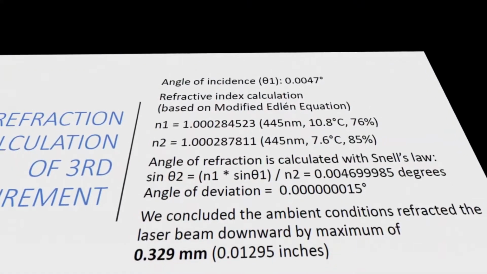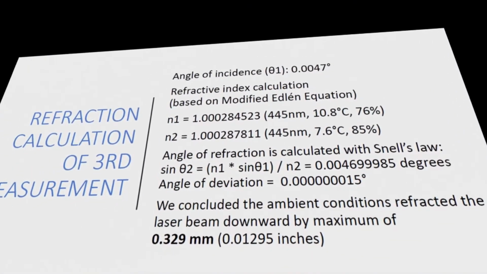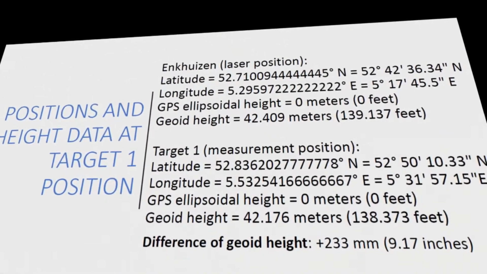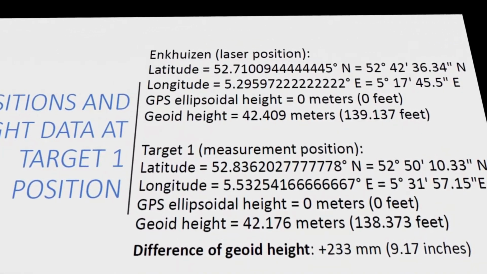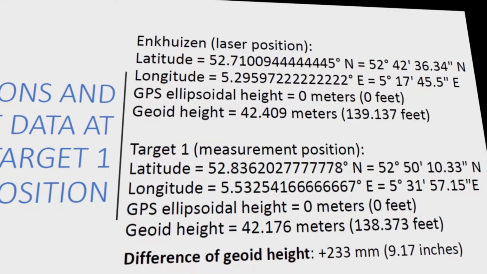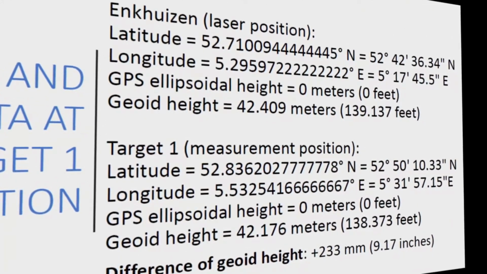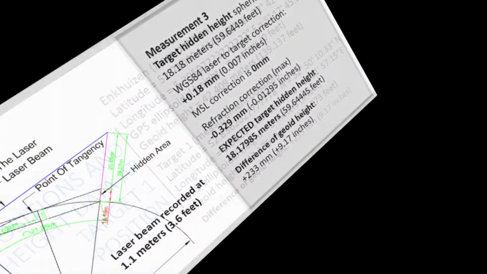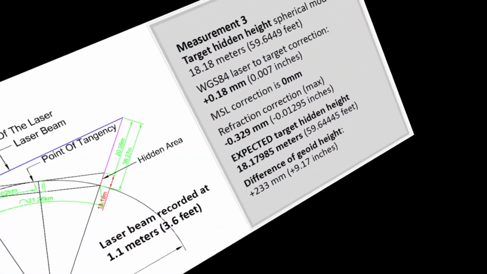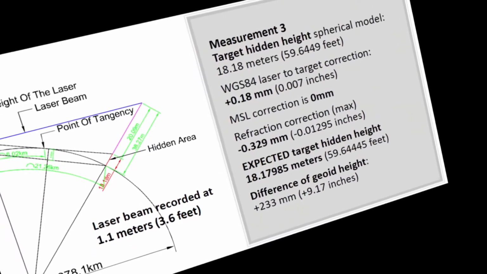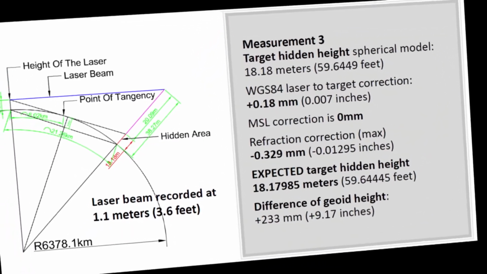TLT calculations factor in any variations in recorded data and geoid datum parameters of the WGS84 mathematical construct. Both target and laser positions are at 0 meters mean sea level. The WGS84 geoid undulation map shows a marginal 23 centimeters or 9 inches height difference at the two positions.